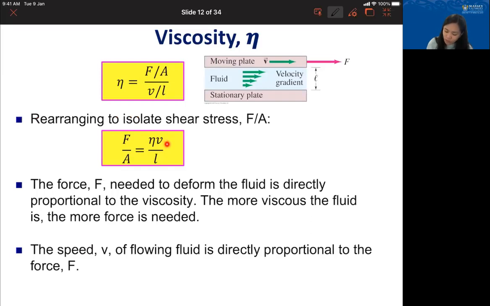By rearranging the equation for viscosity this way, so that you have a relationship between force and the viscosity eta, we can see a direct proportionality between force and viscosity. Direct proportionality, as we've learned before, means that if something increases, the other thing also increases. So if viscosity increases, then force should also increase. The more viscous the fluid is, the more force is needed. The thicker the fluid is, the more force it takes to cause it to flow.